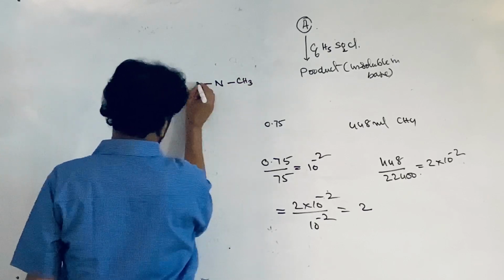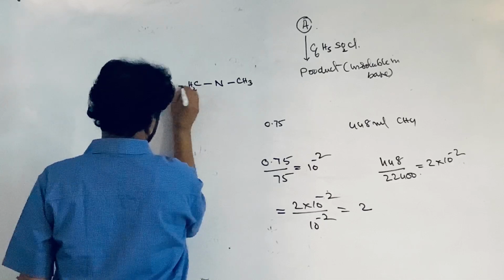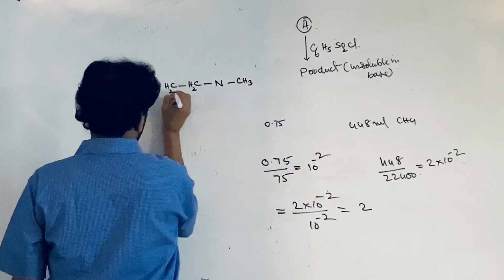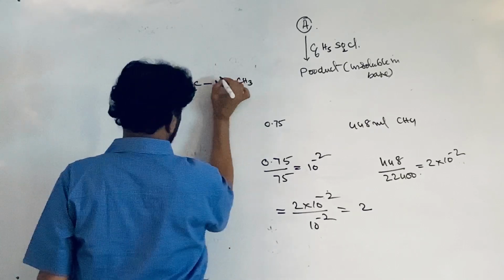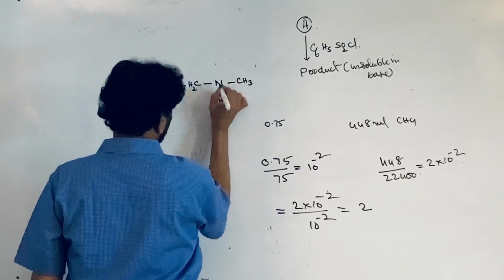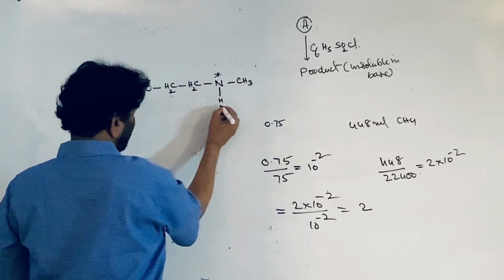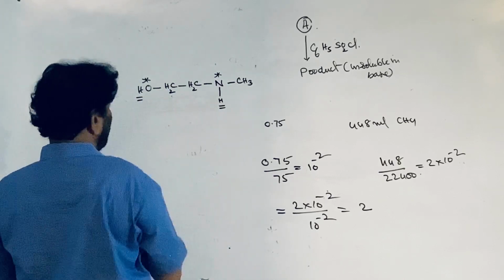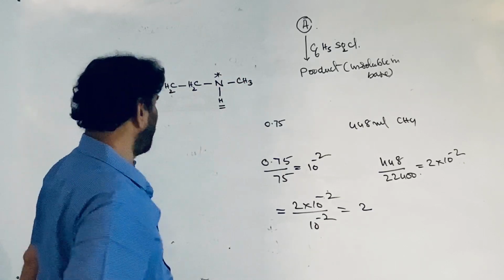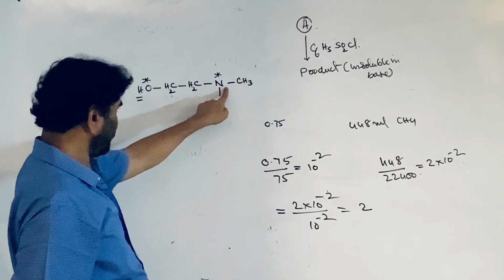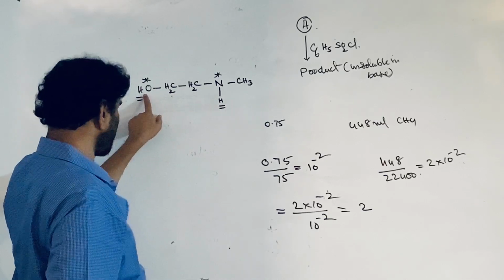If you divide into 2 parts, this is the OH, this is active hydrogen. This also contains active hydrogen. This is the compound: a secondary amine, and this is the alcohol functional group.